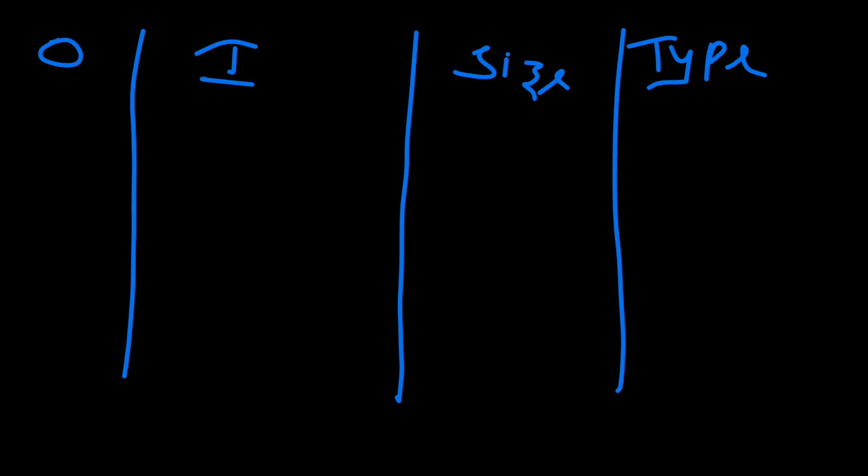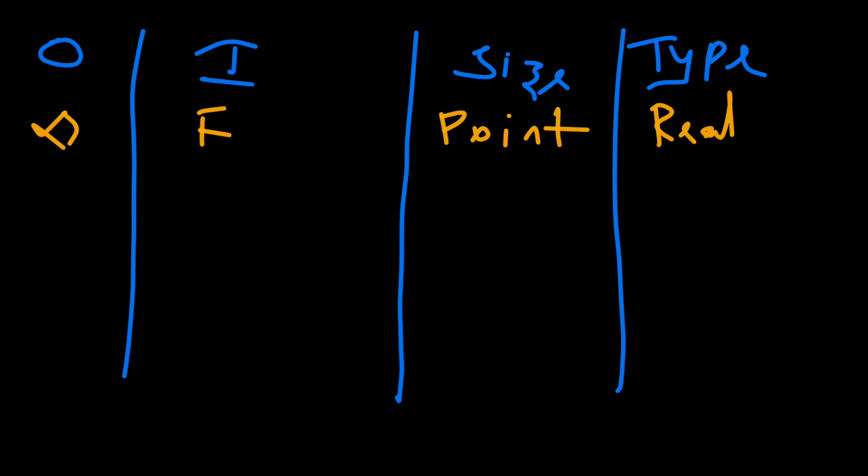Let's start with situation number one. The object is at infinity. The image we get exactly at focus, and the size of the image is point size. Which size? Point size, and the type is real and inverted. Yes.